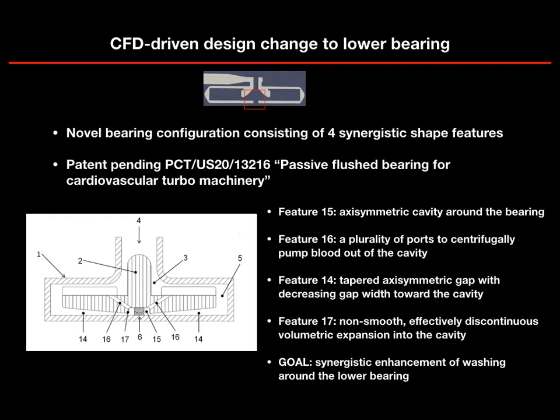The 4 features consist of feature labeled 15, an axisymmetric cavity around the bearing, feature 16, which is a plurality of ports to centrifugally pump blood out of the cavity, feature 14, a tapered axisymmetric gap with decreasing gap toward the cavity to accelerate blood flow in that region, feature 17, which is a non-smooth, effectively discontinuous volumetric expansion into the cavity. The overall goal is to enhance washing around the lower bearing.